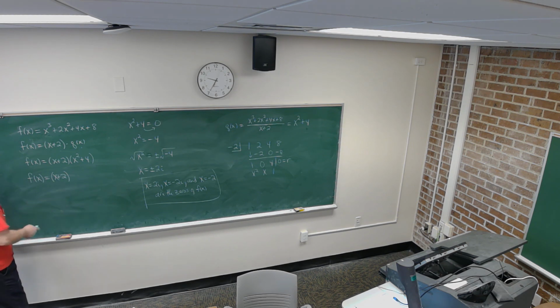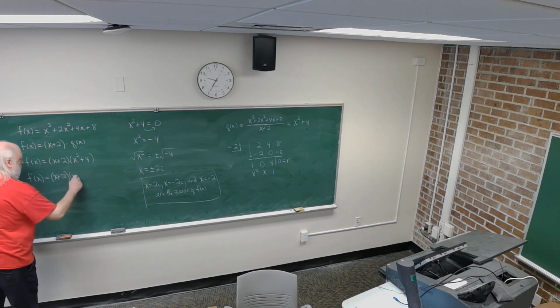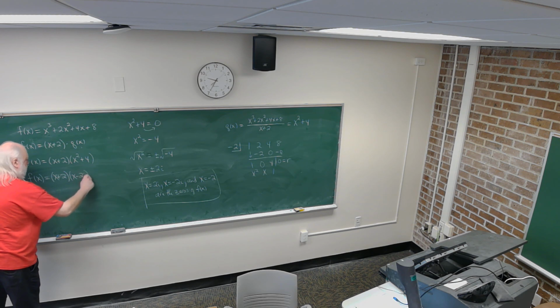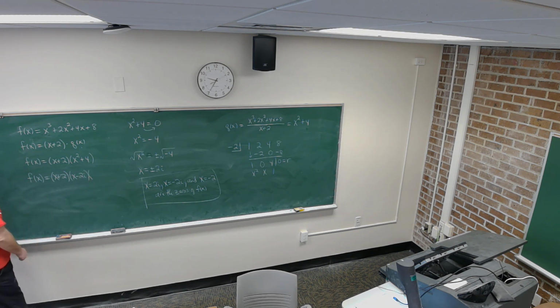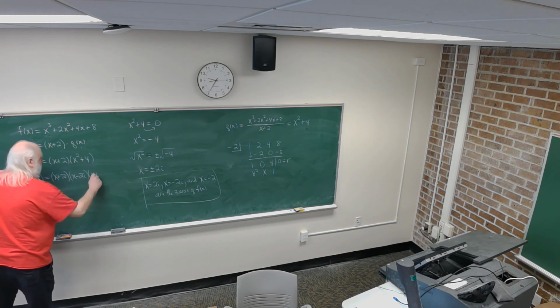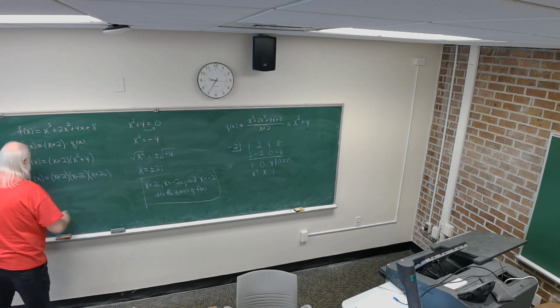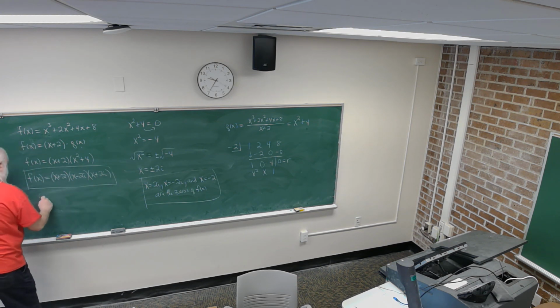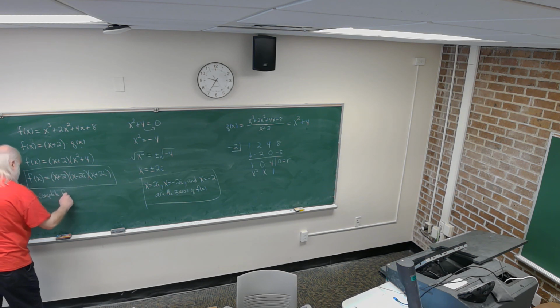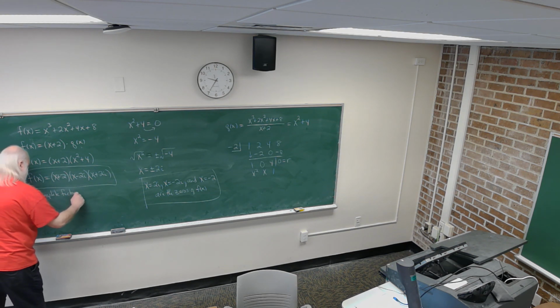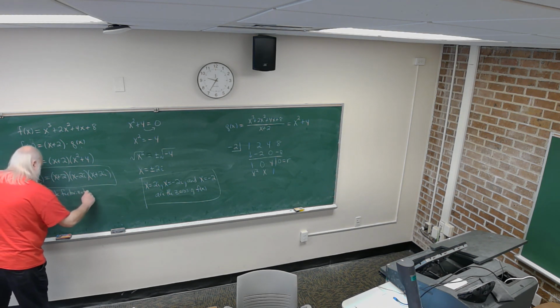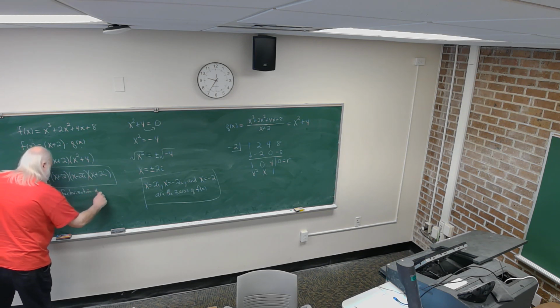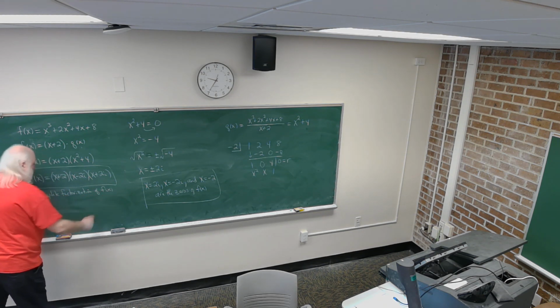If x equals 2i is a 0, then x minus 2i is a factor. If x equals minus 2i is a 0, then x plus 2i is a factor. So this is the complete factorization of f of x.